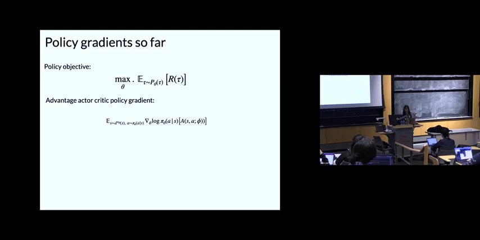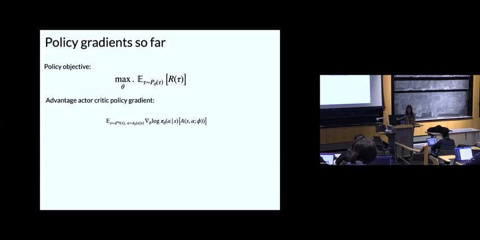All right, so just to remind you, this is the standard policy reinforcement learning objective that we have put down. And this is the corresponding policy gradient that we came up with two lectures ago. We said we'll be computing the advantages of states and actions that show up in our trajectories by training a critic network, the value function, if you remember, and then using it to compute those advantages.